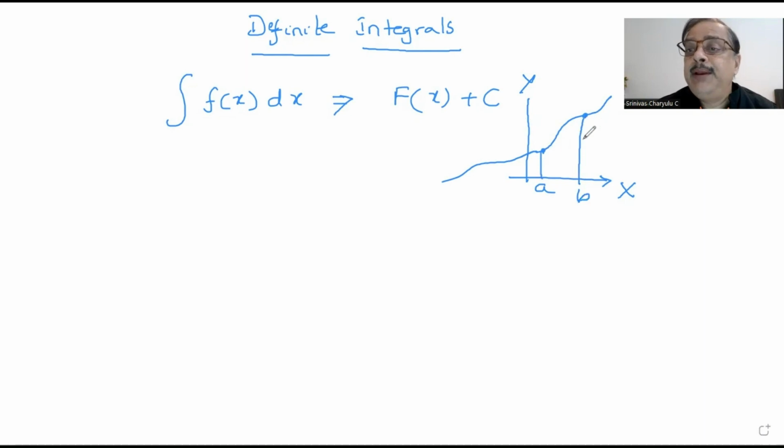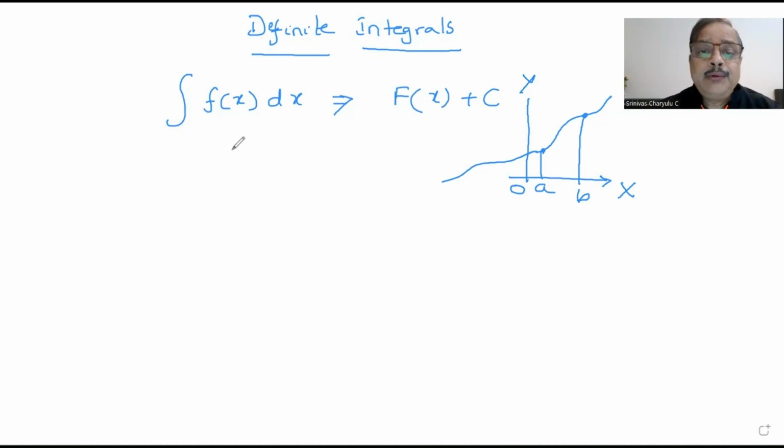Only between a and b, I want to study this function. I want to find the integral of only this region. That time I should just say that I have defined boundaries for my function. A and b are called the limits of this function. A is called the lower limit, b is called the upper limit. Towards the positive side we are traveling. So remember this point, always b is greater than a.